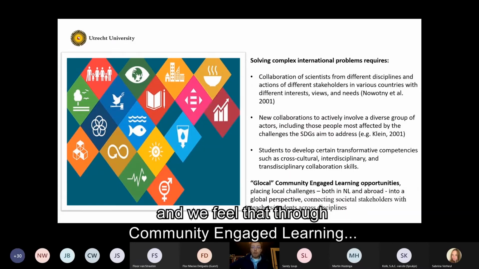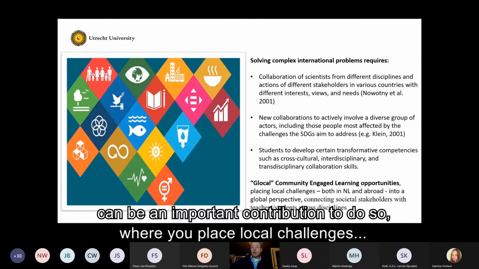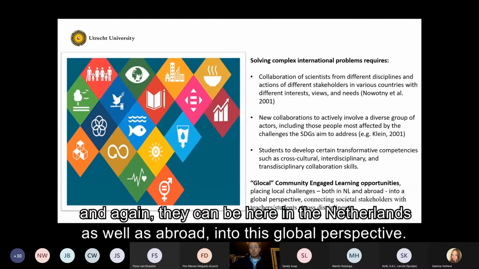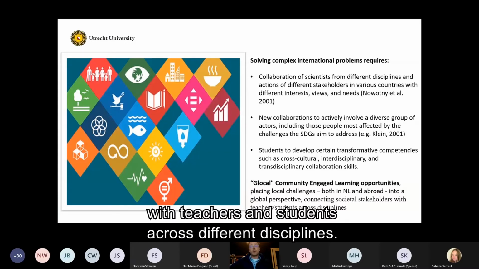And we feel that community engaged learning with this glocal, so both a global and a local lens, can be an important contribution to do so, where you place local challenges, here in the Netherlands as well as abroad, into this global perspective, building on the SDGs, and then connecting societal stakeholders with teachers and students across different disciplines.